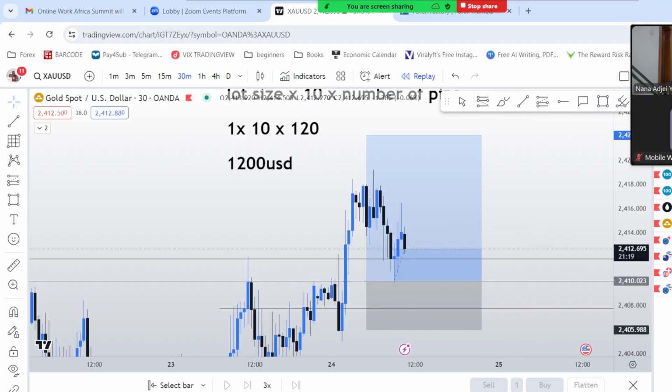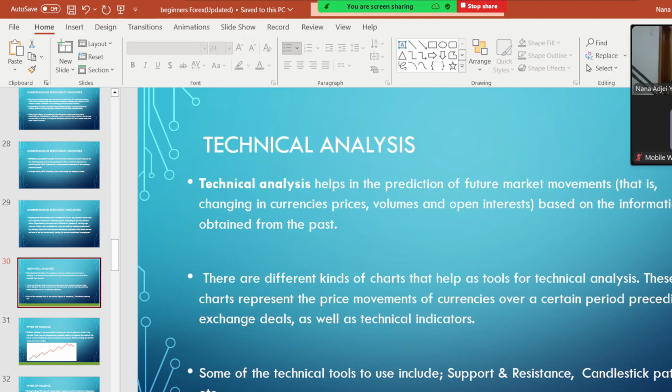So now what then is technical analysis? Technical analysis is the prediction of future price movement, that is the changes in prices of currencies or exchange rates, based on information that has been obtained from the past. There are different kinds of charts or tools that help us to analyze the market technically.